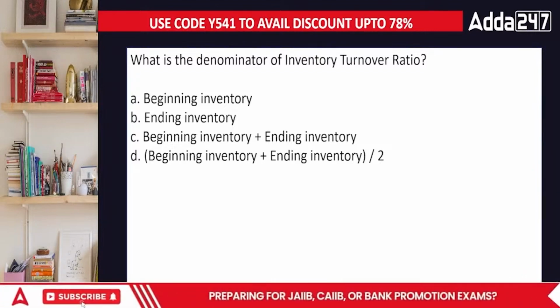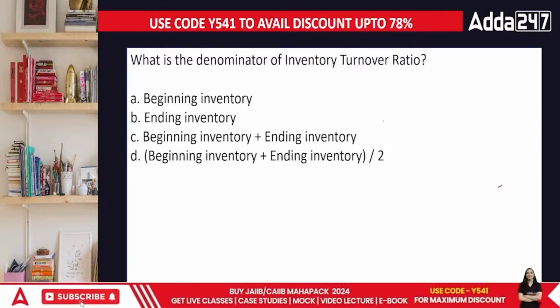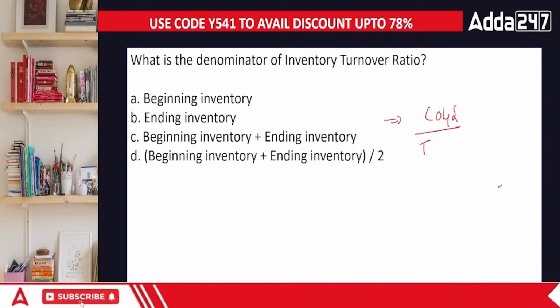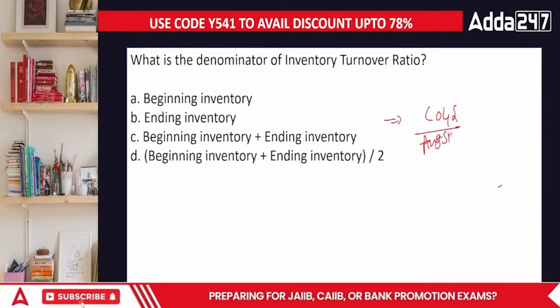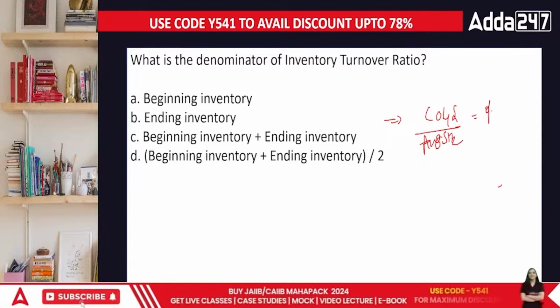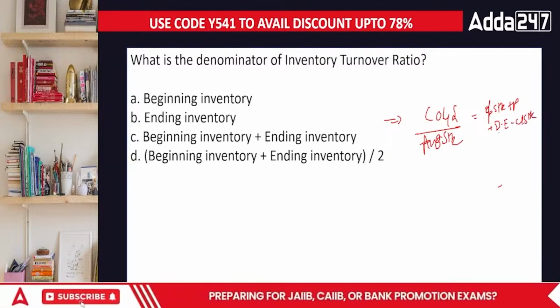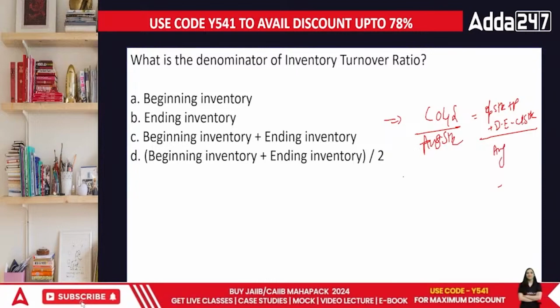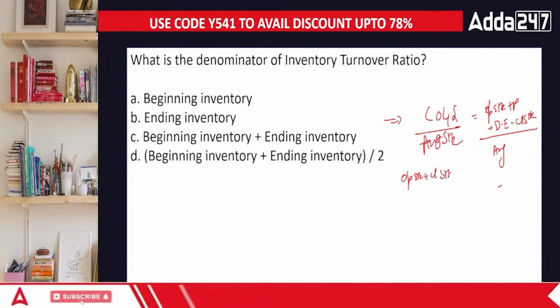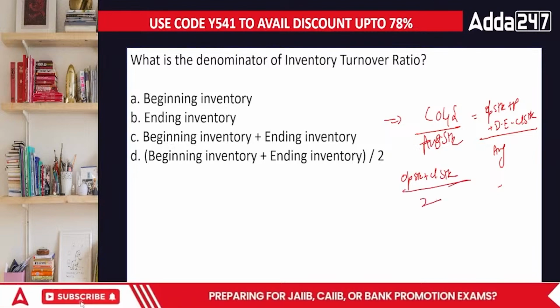Inventory turnover ratio can be defined like this: the formula is cost of goods sold divided by the average stock, where cost of goods sold is opening stock plus purchase plus direct expense minus closing stock. Average is what? Opening stock plus closing stock divided by 2.